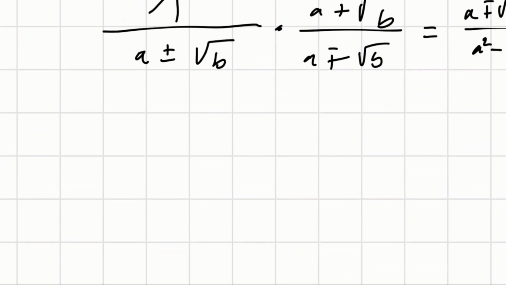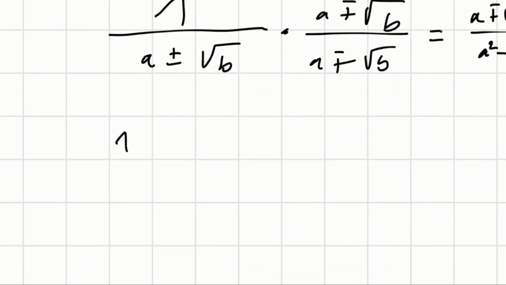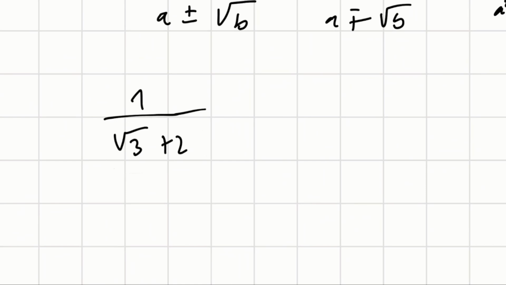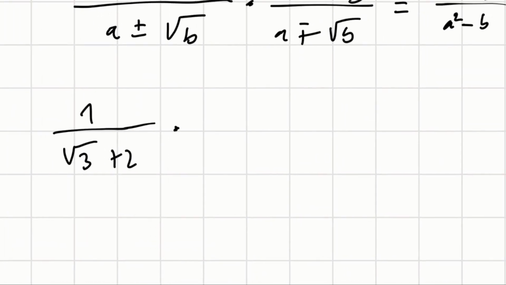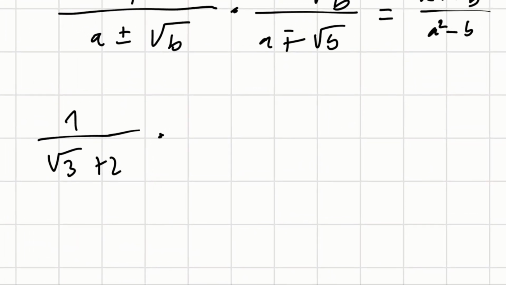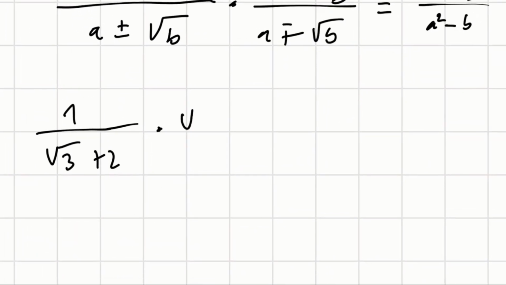So let's see how we can do this with a simple term like 1 divided by the square root of 3 plus 2. Let's try to solve this. We know we don't want to have this here, so what we're going to do is just multiply this. Be careful of this. We see this as a plus, so this has to be a minus. So we just multiply this with the square root of 3 minus 2 divided by the square root of 3 minus 2.